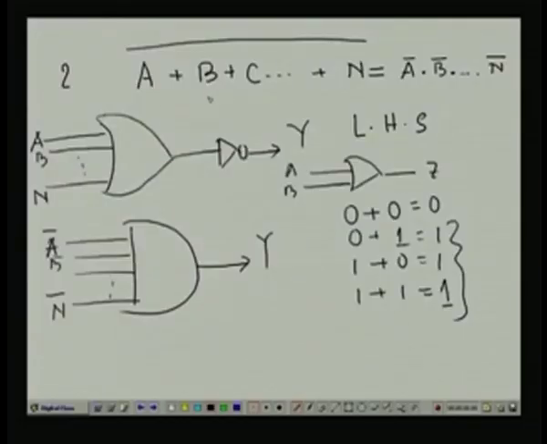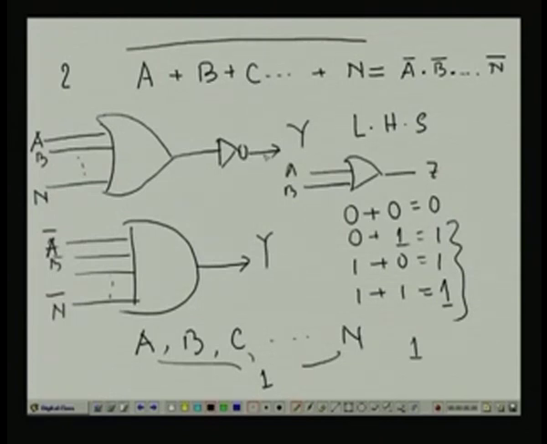So, that means, from this A, B, C, up to n, if any one is 1, then it will be a 1, and left hand side is actually the complement of the whole thing, the n input OR gate. See the results. So, it will be 0.